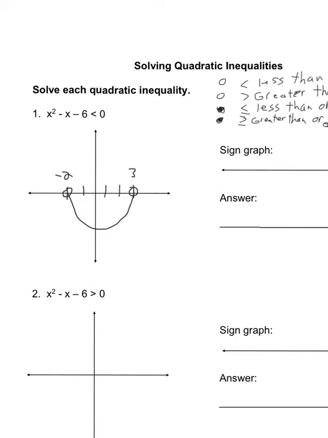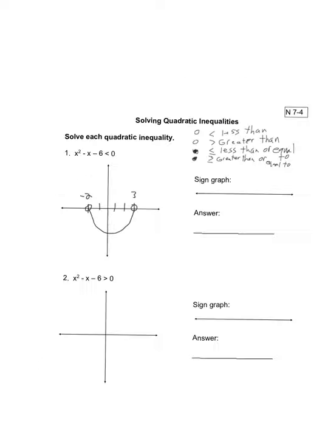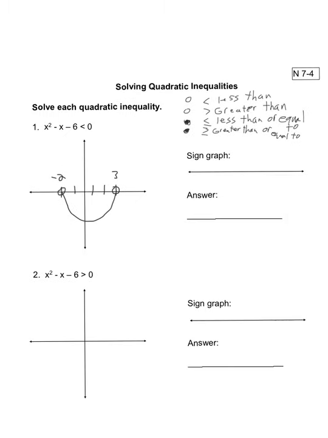Now when I put them on my sign graph over here, I'm going to put them on just like they look. -2 and 3, both of those are open circles. And everything in between, because it's a loop in our graph, means that anything in between -2 and 3 would hit that graph.